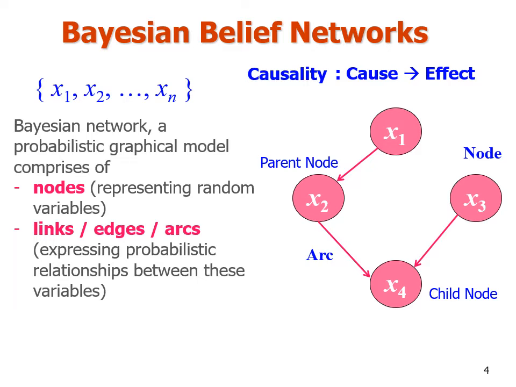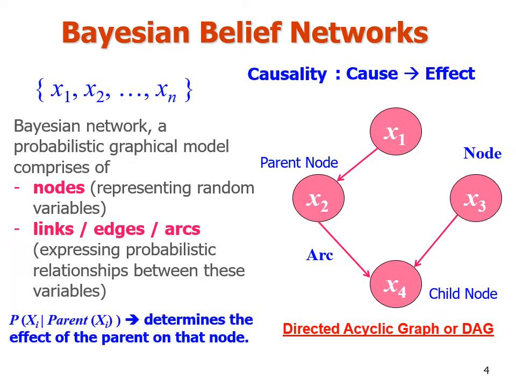Also, one important point to be noted is that this probabilistic graphical model is a DAG, a directed acyclic graph. Further, associated with every node, we have some probabilities, and these probabilities are denoted as probability of xi given parent of xi.